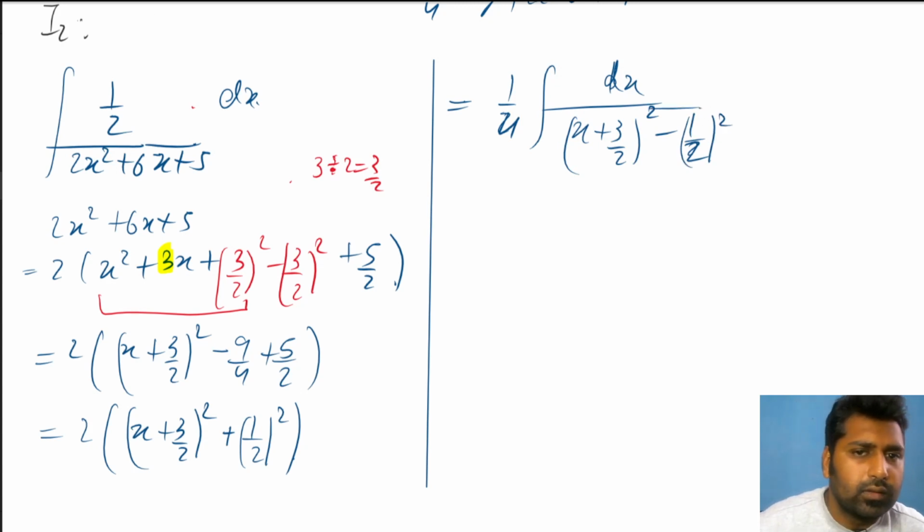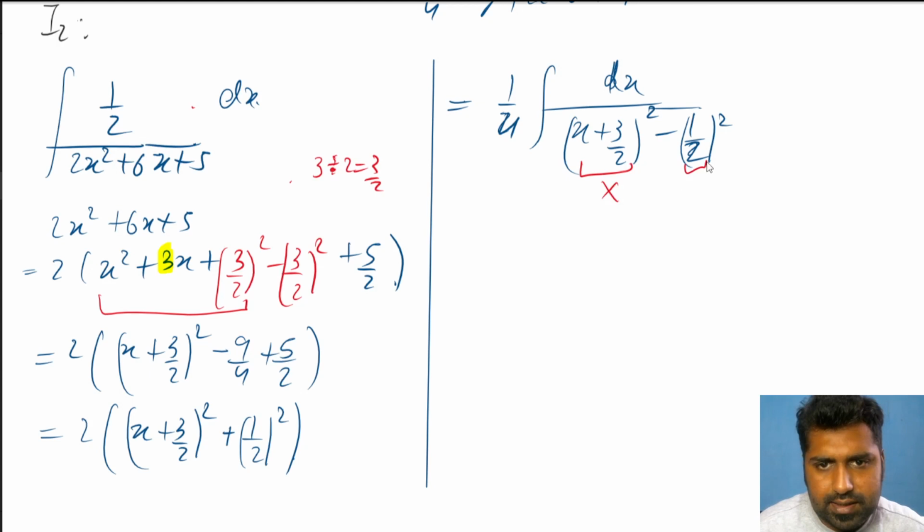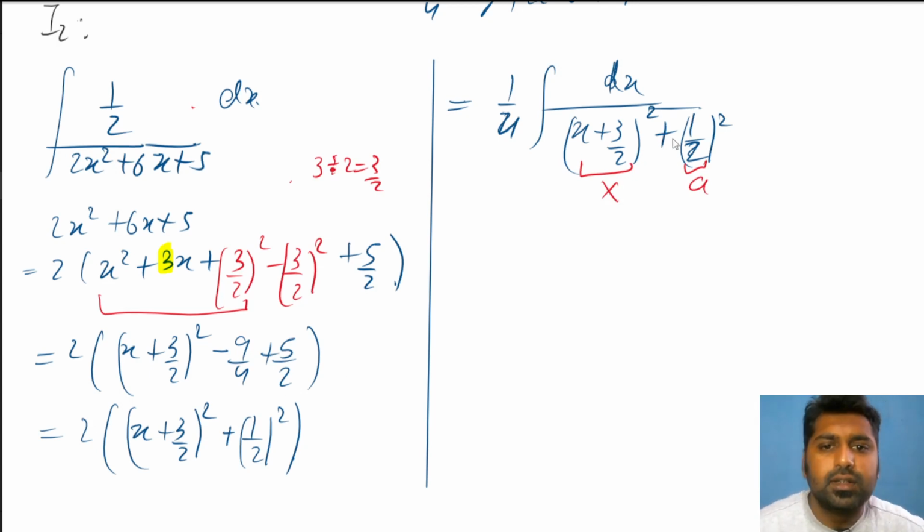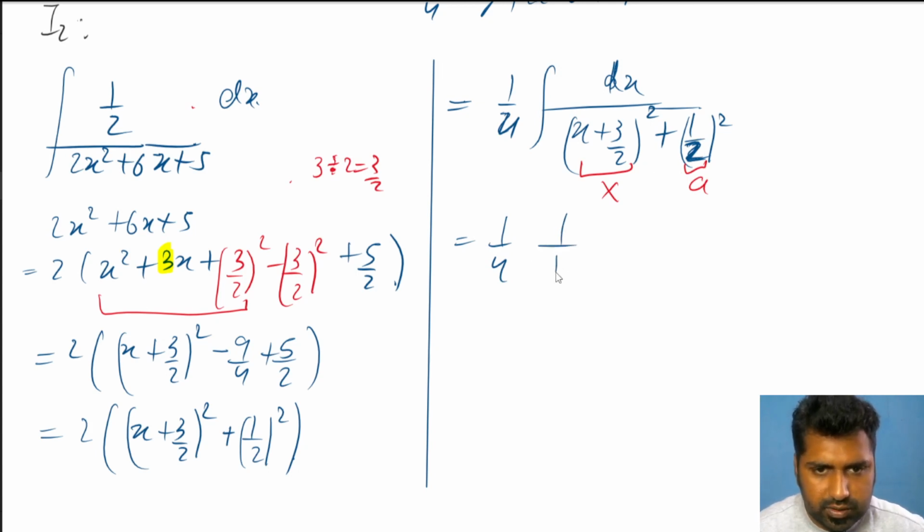Okay. So this is your capital X, that's your capital A. X square plus a square, again plus is there, no, sorry, format mistake. Okay, so plus is there, so x square plus a square, the answer will be in tan inverse. So 1 by 4 into 1 by a. What will be 1 by a of it will be the reciprocal of 1 by 2. 1 by 2, its reciprocal is 2, so I can write 1 by a tan inverse x by a.